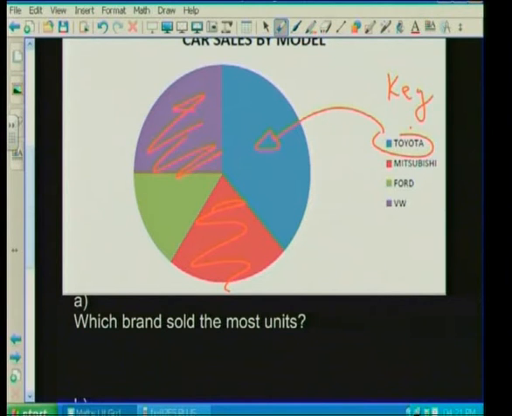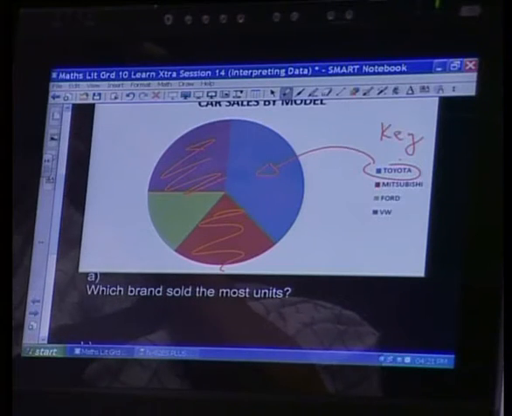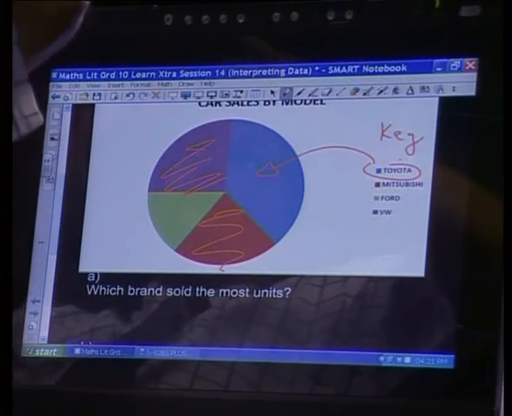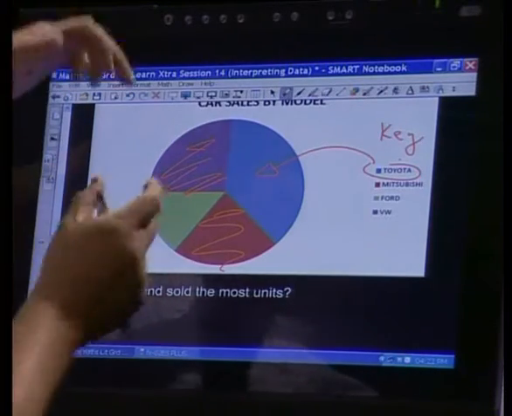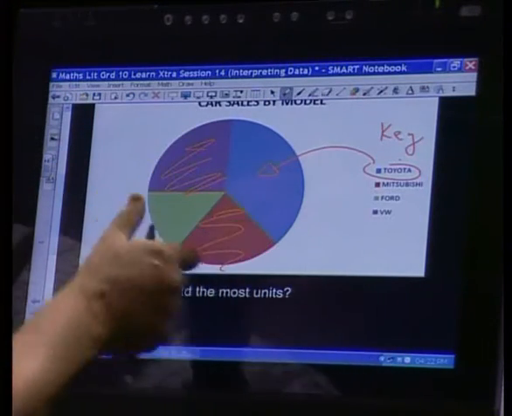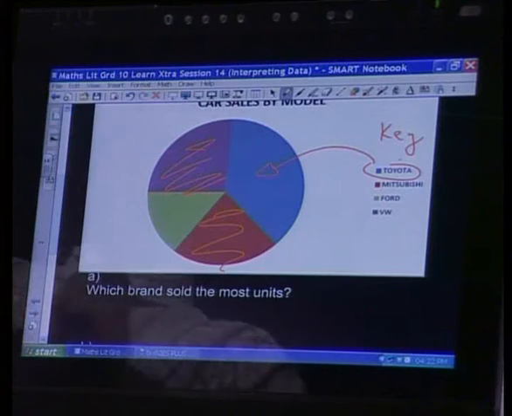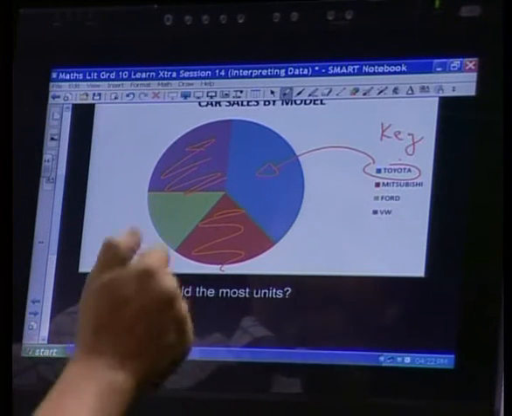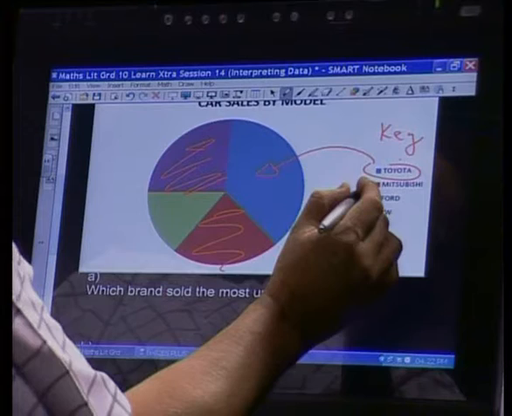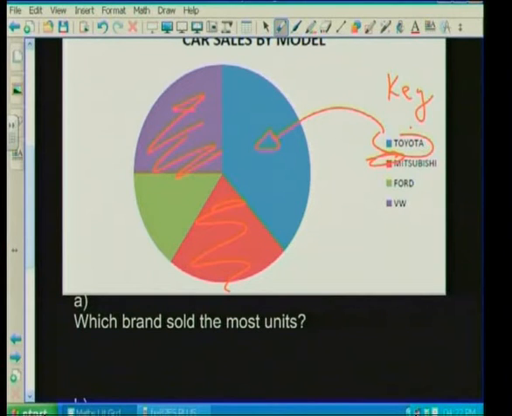If I took that purple and shifted it down onto the red, that's almost the same as the amount of red that was sold. So which two are similar? I would say the red and the purple, the red representing the Mitsubishi and the purple representing VW.